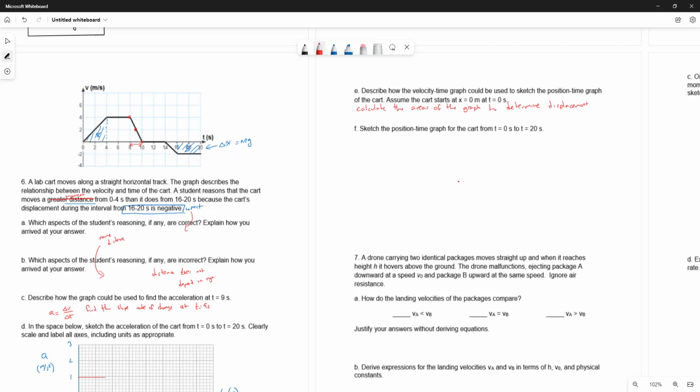And then F, sketch the position time graph for the cart from 0 to 20 seconds. This is a sketch, so we don't need to be super detailed with the values or anything. Basically, at the beginning here, you can see the velocity is increasing.